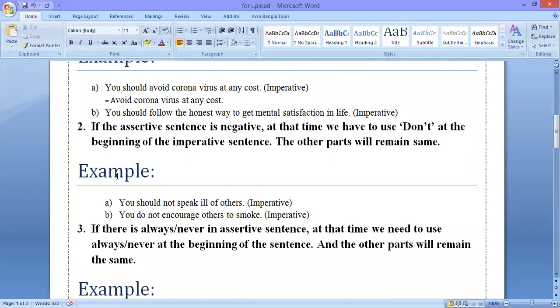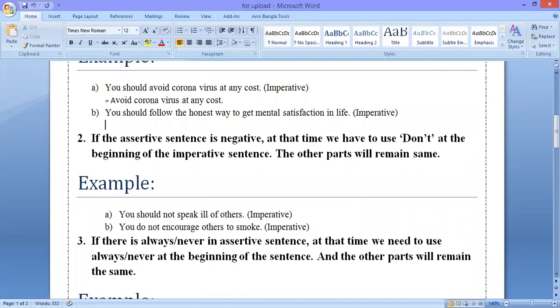Now, if you look at example 2, we can see: You should follow the honest way to get mental satisfaction in life. This is an assertive sentence and we have been told to make this an imperative sentence. If we want to make this imperative, we shall have to bring the main verb to the beginning of the sentence. So we have brought the main verb.